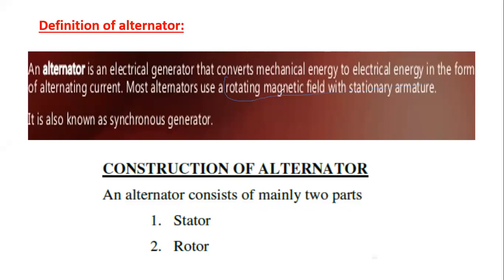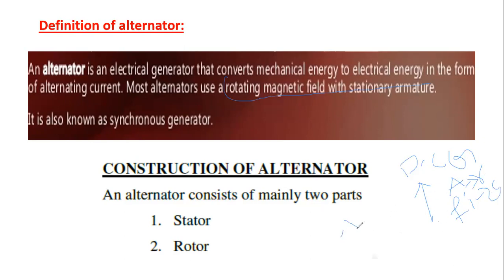In the case of a DC generator, the armature conductor is rotating and the magnetic field is stationary, or constant.